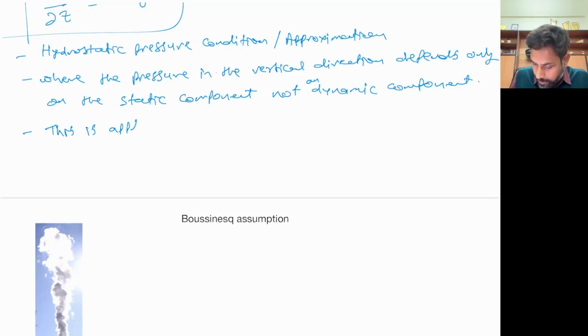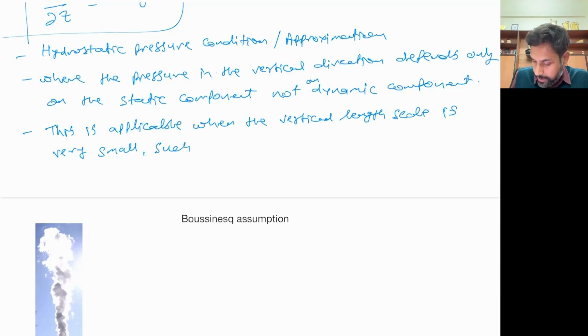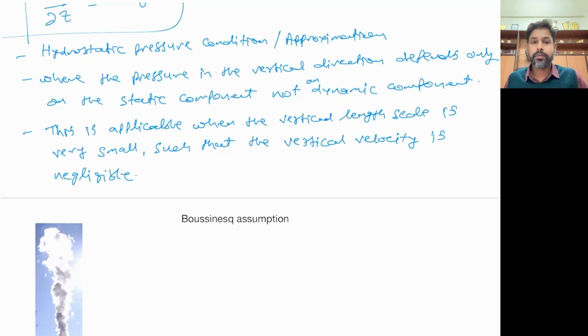This is applicable when the vertical length scale is very small, such that the vertical velocity is negligible.